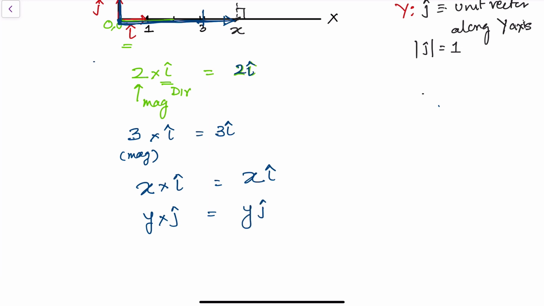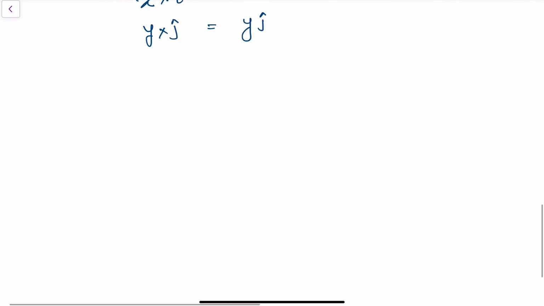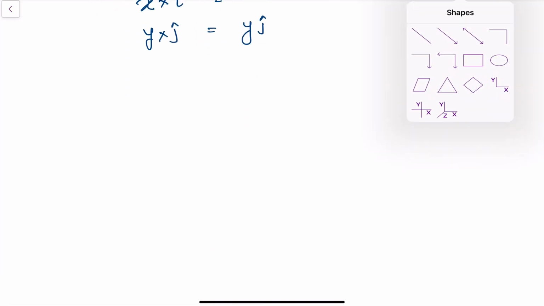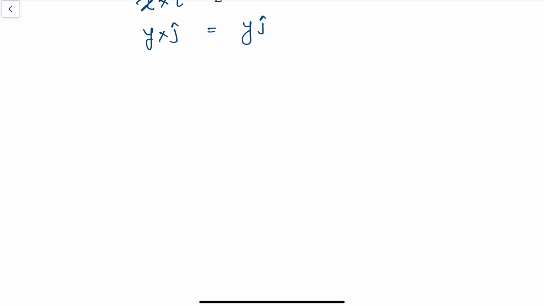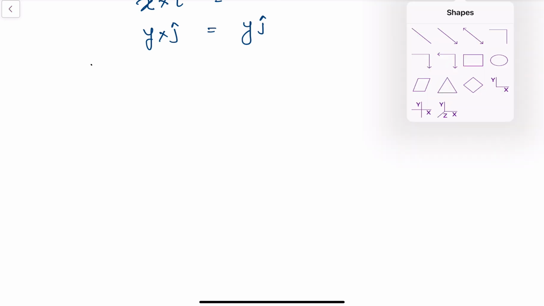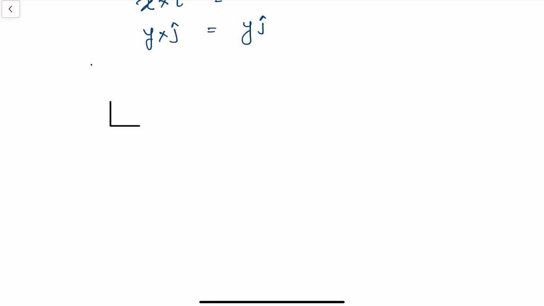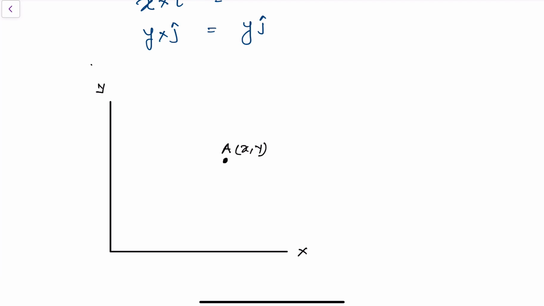Correct? So now let us rewrite it in a very neat and clean manner. I draw the two coordinates. This is x coordinate, this is y coordinate. My point, let me call that point A. It has coordinate x comma y.